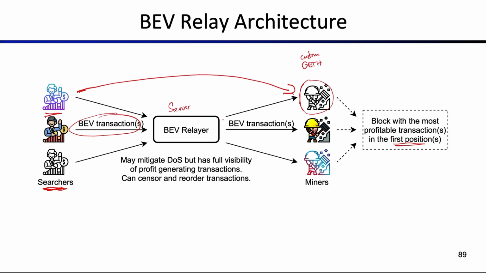The other issue is that the existing BEV relayers that I'm aware of can censor and reorder transactions, and they can actually mine the transaction information about what these searchers are doing. These searchers are, in most cases, really smart individuals creating very nifty strategies on how to extract financial value.